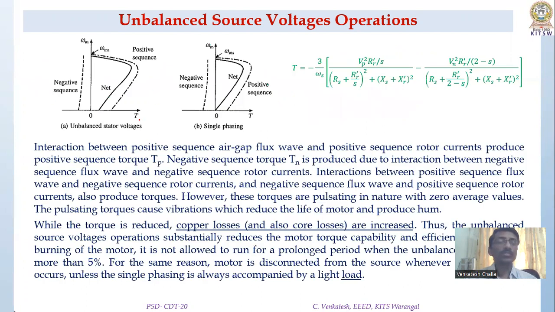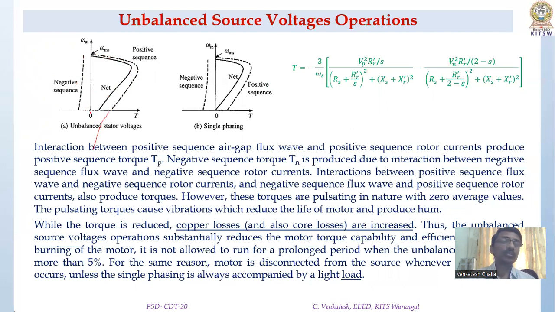So what is the observation made here? If, for example, we have the motor characteristics like this, the positive sequence components will produce torque speed characteristics like this. The negative sequence components will produce the torque speed characteristics like this between 0 and omega s. Why? Because the positive sequence component torque, if it is extended, the speed torque characteristic will be like this.